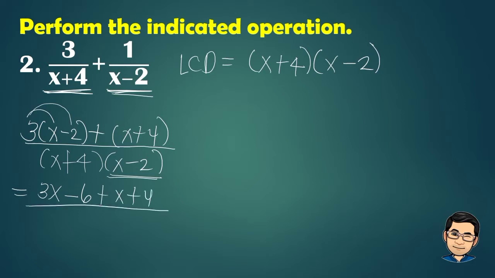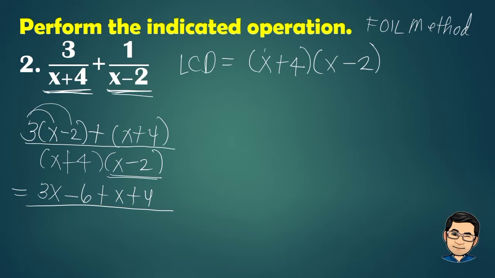Now, yung ating denominator na x plus 4 and x minus 2, kailangan po natin itong i-simplify. Okay? So, ang gagawin natin, kailangan po natin i-multiply po itong mga terms na yan. So, dito ko ipapakita gamit ang FOIL method. So, when we say FOIL method, F stands for first, O outer, I for inner, and then L for last.